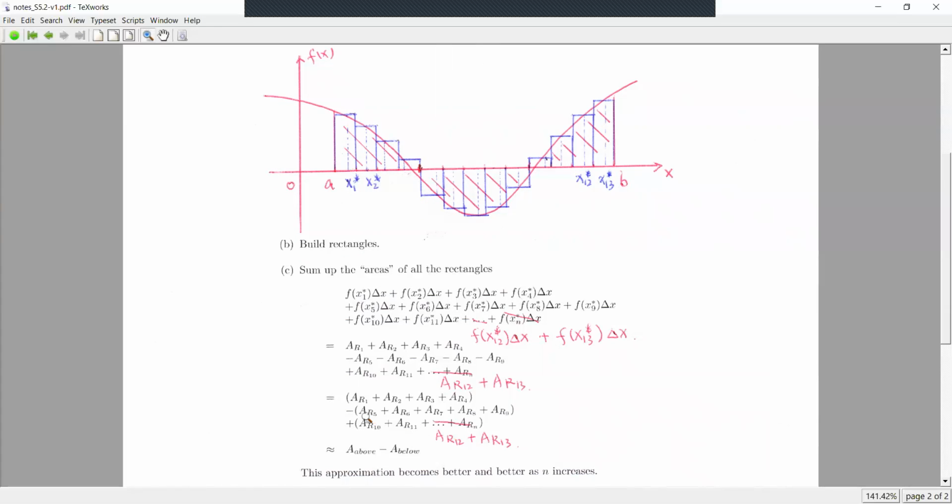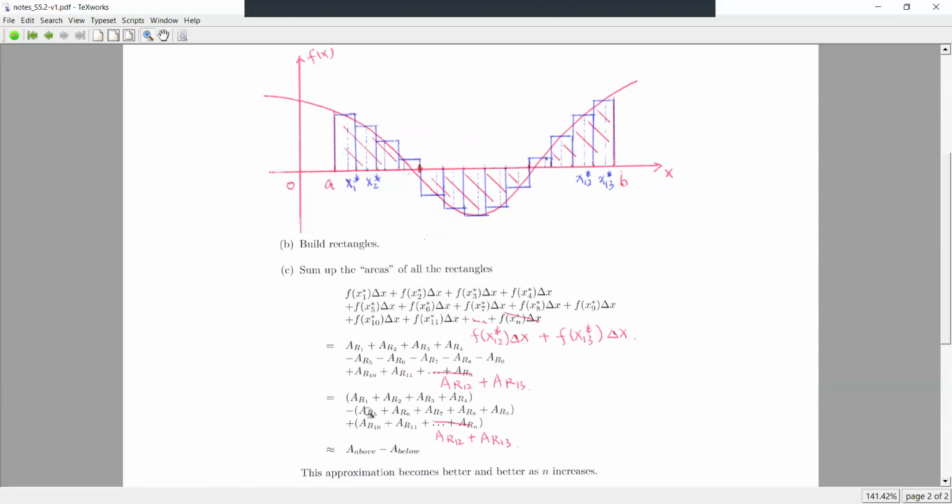So this sum and this sum together roughly is the total area above the x-axis. How about the middle term? The areas of rectangle 5, rectangle 6, 7, 8, and 10, their sum.